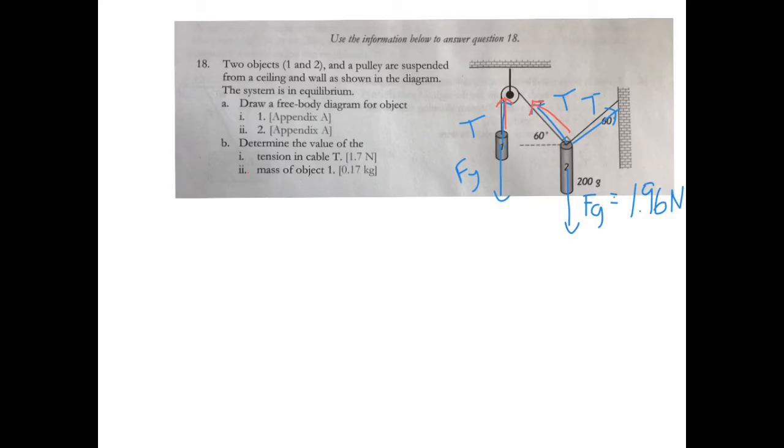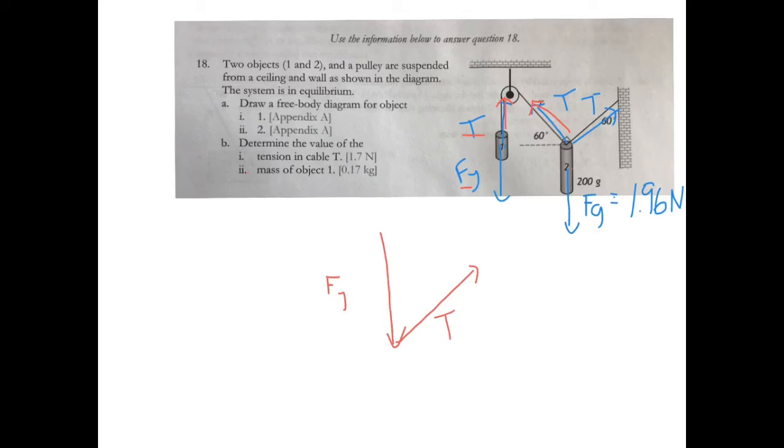If we want to find this tension and this force of gravity or that tension, we do need to draw a vector addition for number 2. So we have the force of gravity on 2. So this is my force of gravity, that's down, is equal to this tension.